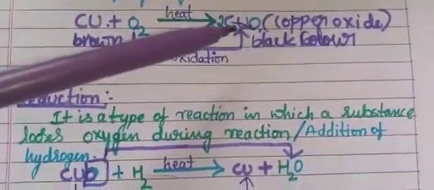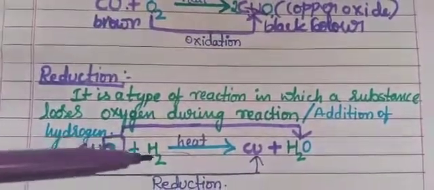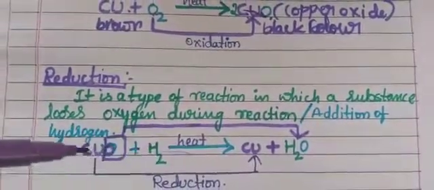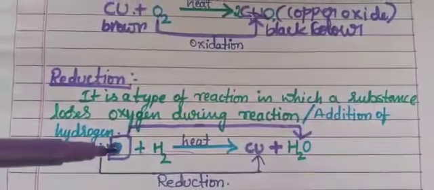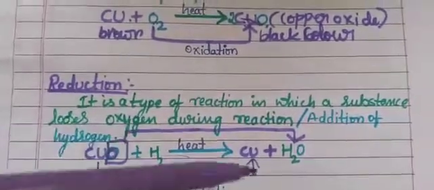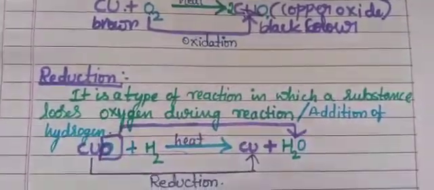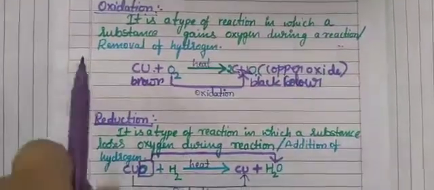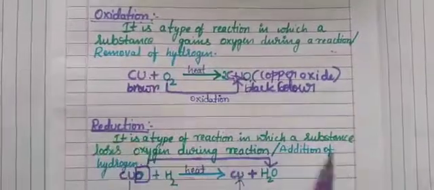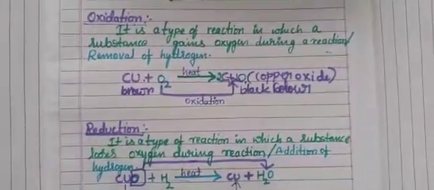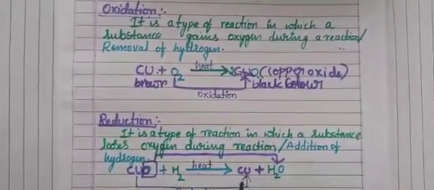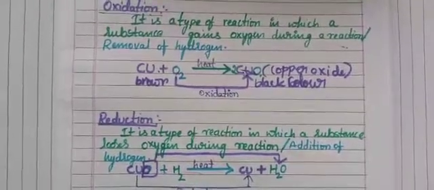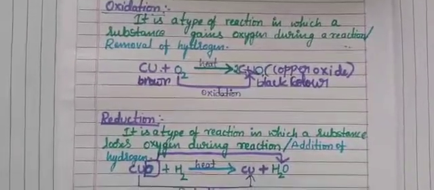This copper oxide, on addition of hydrogen and heating, gives copper by the removal of oxygen and addition of hydrogen. So this we call a reduction reaction. If a substance gains oxygen during the reaction, then we say it is oxidized. If a substance loses oxygen during the reaction, we say it is reduced.